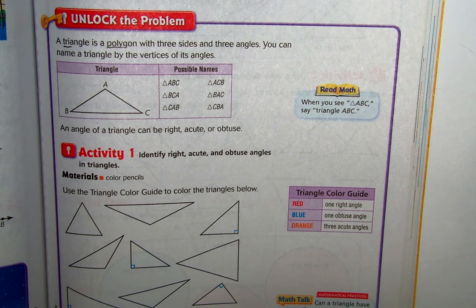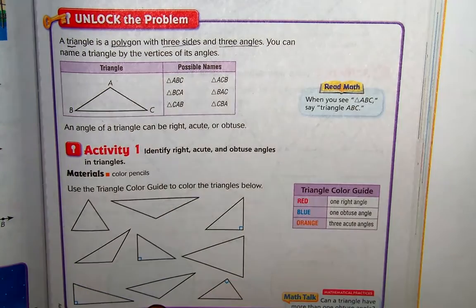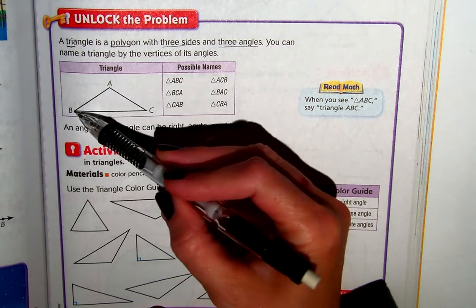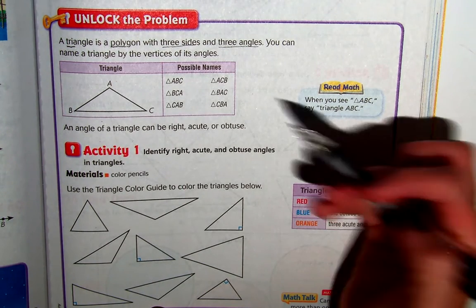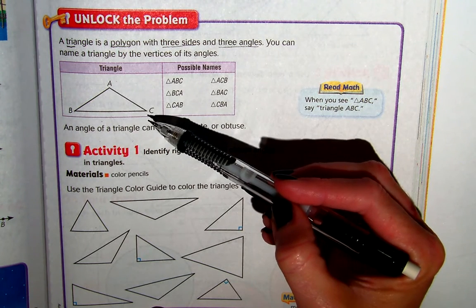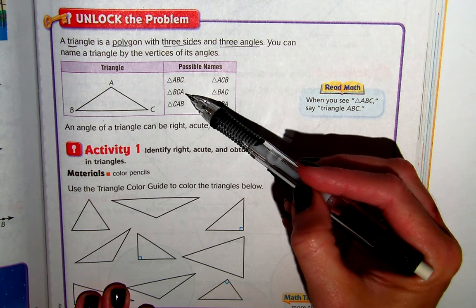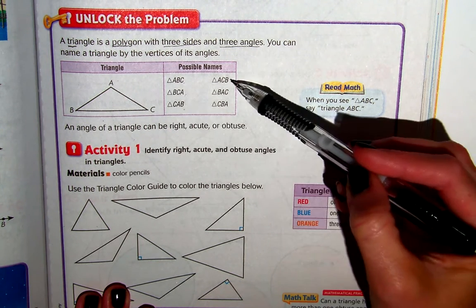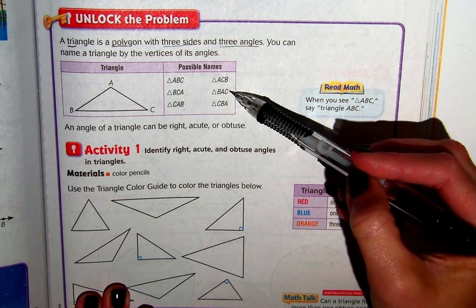We also learned yesterday that we can name a triangle by the vertices of its angles, each vertex, okay? And so here are the possible names for this triangle shown in this illustration. It could be triangle ABC, triangle BCA, triangle CAB, triangle ACB, triangle BAC, or triangle CBA.